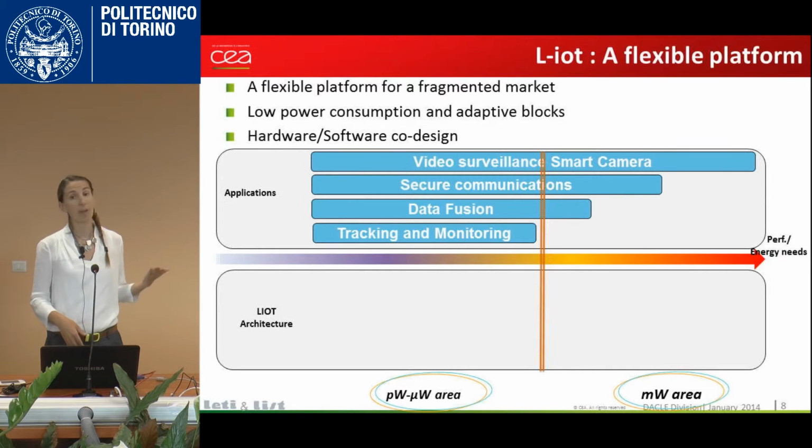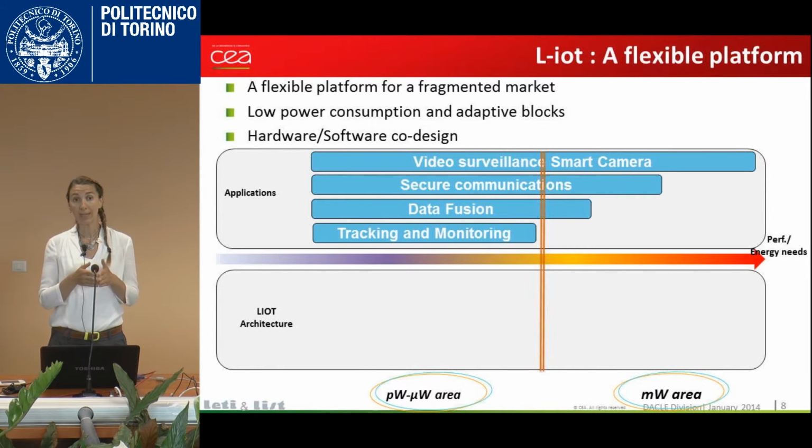If we look at some applications, here we have, for example, the camera, the secure communication, the data fusion, and the tracking and monitoring. You can have one application that requires different energy needs depending on what you do with this application. For example, for tracking and monitoring, most of the time we need less than milliwatts.